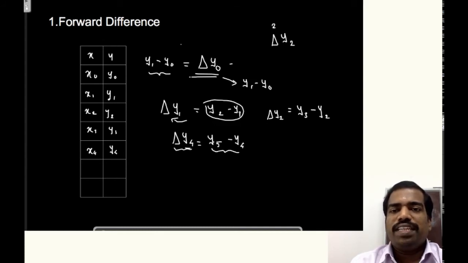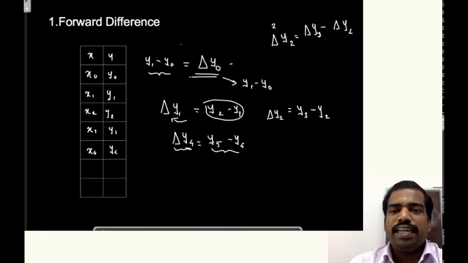Clear? If it is delta square y2, you have to use that delta operator also. So delta square y2 is delta y3 minus delta y2. Hope you understand.